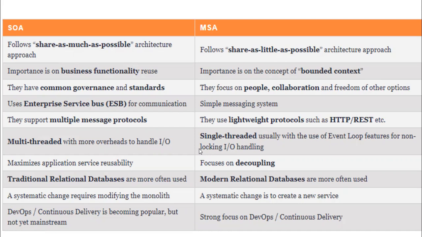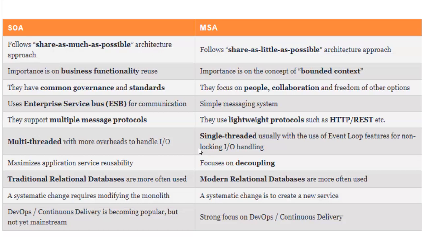SOA has a common governance and standard, whereas microservices focus on people, collaboration, and freedom of choice. SOA uses enterprise service bus for communication, whereas microservices use simple messaging systems like MQ and Kafka.